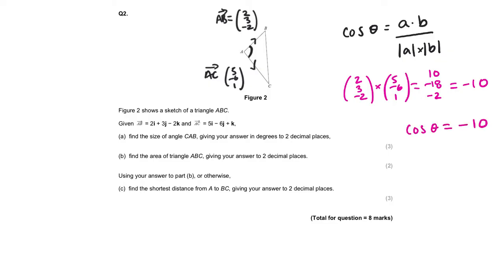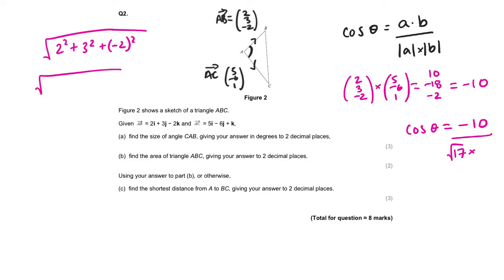The modulus of the direction vector is 2 squared plus 3 squared plus negative 2 squared, all square rooted: 4, 13, 17, so that's root 17, multiplied by 5 squared plus minus 6 squared plus 1 squared, which gives me 25, 61, 62, root 62.